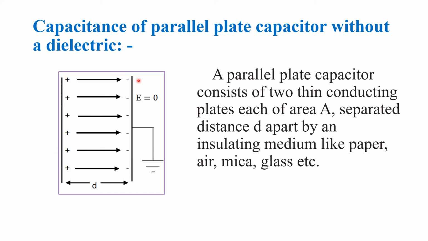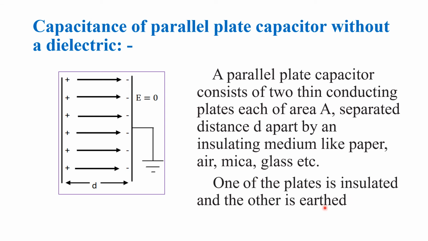This is the first plate and this is the second plate. The area of each plate is A, and these two plates are separated by distance d. Here the space between them is filled with air. One of the plates is insulated while the other is earthed. So this plate is insulated and this plate is connected to earthing, or ground.